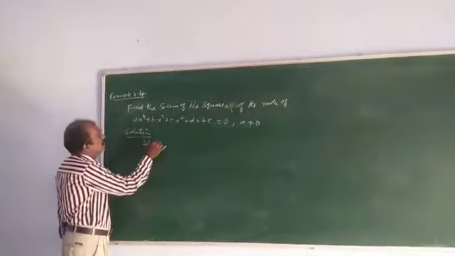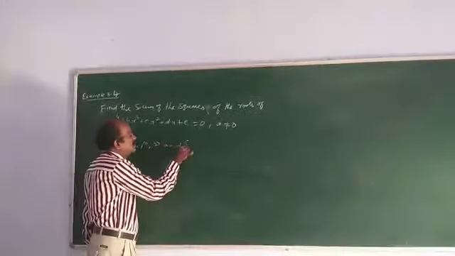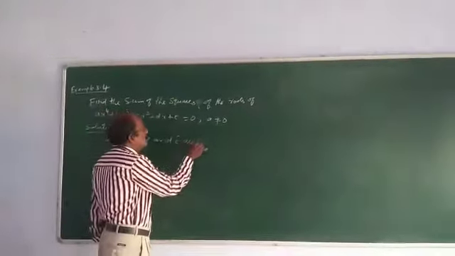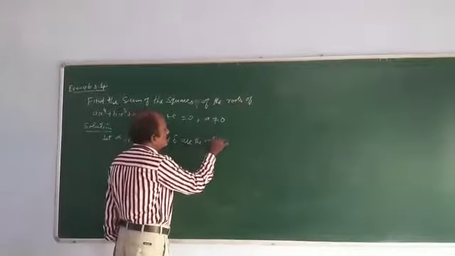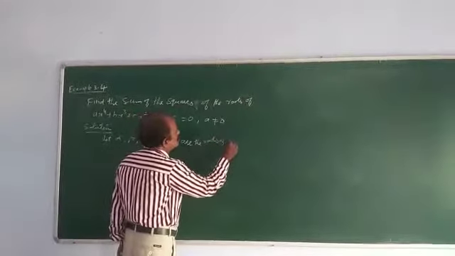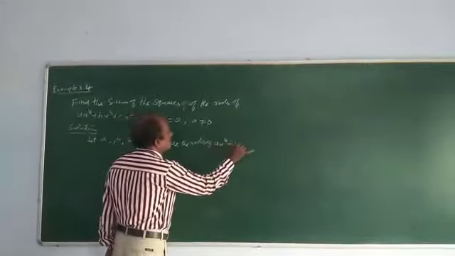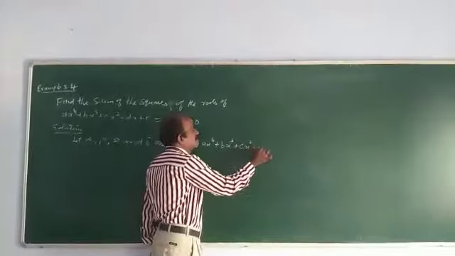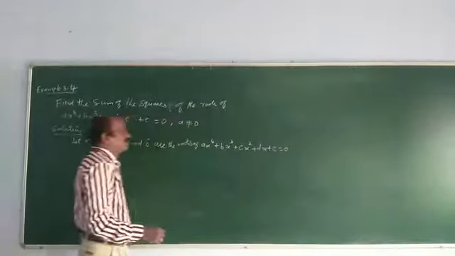Solution: let alpha, beta, gamma and delta be the roots of ax power 4 plus bx cubed plus cx squared plus dx plus e equal to 0.